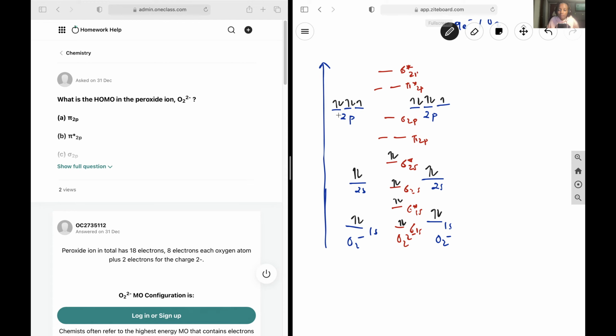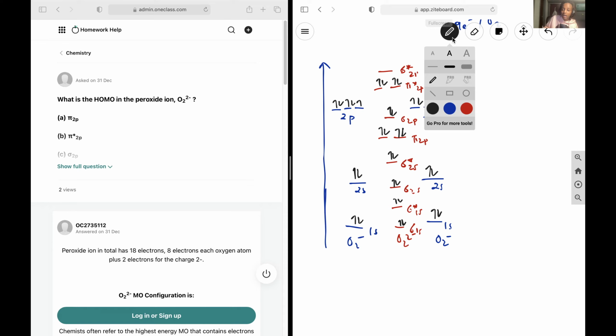And now we have 2, 4, 6, 8, 10, and we have 2, 4, 6, 8, 10, 12 spots. So we're going to fill these 2. So that's 4, 5, 6, 7, 8, 9, 10.